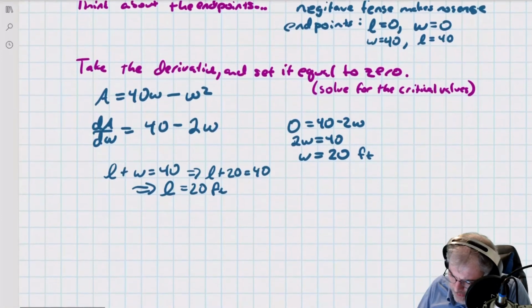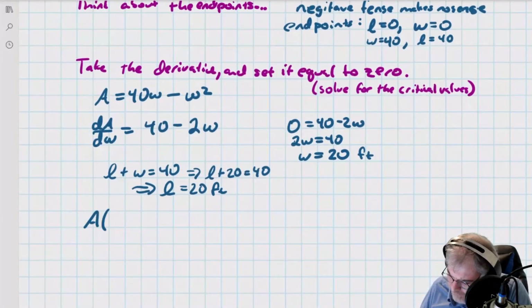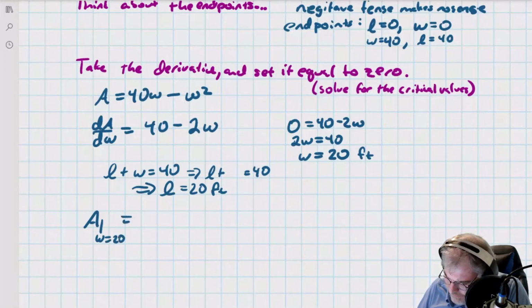Okay. So the area when W equals 20, I could just write that. The area when W equals 20 is 40 times 20 minus 20 squared.